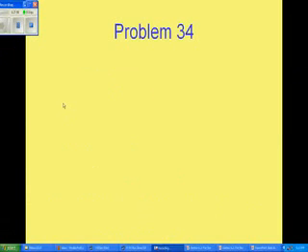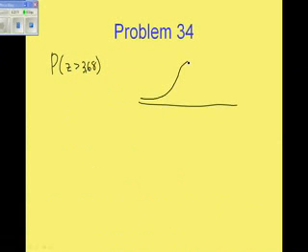In this problem, they're talking about a thermometer, but really what you're doing is trying to compute the probability of a z-score being bigger than 3.68. In other words, if I draw the picture, I am really far away from the mean here, because here's 0, here's 1.